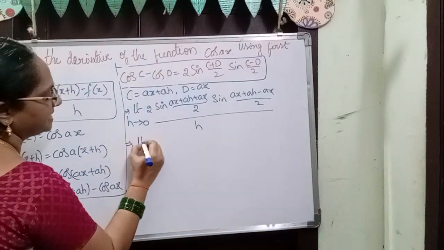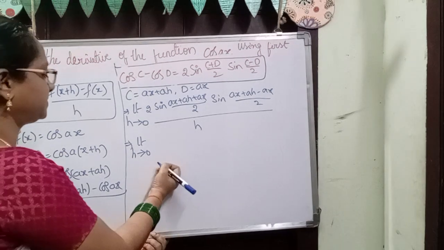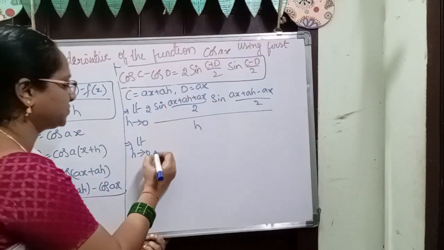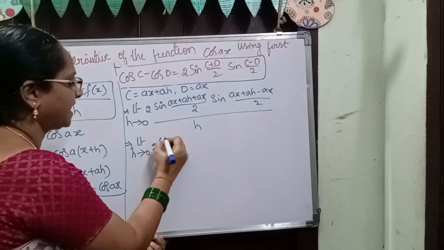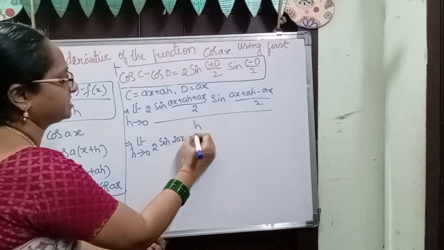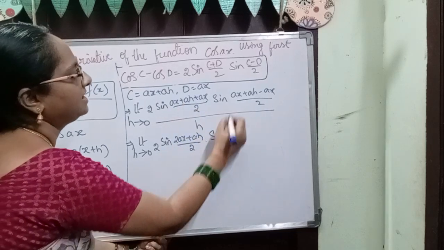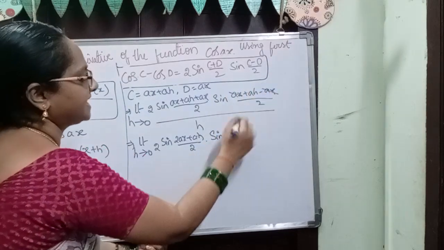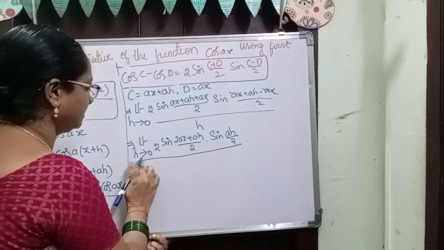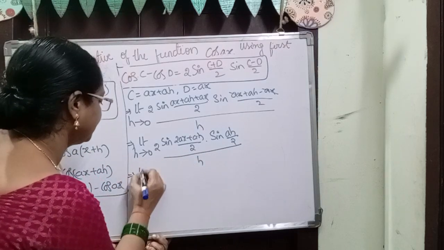Here you will get ax plus ax, that is 2ax. So 2 sin (2ax plus ah) by 2, into sin; ax minus ax gets cancelled and what is left is ah by 2, whole by h.